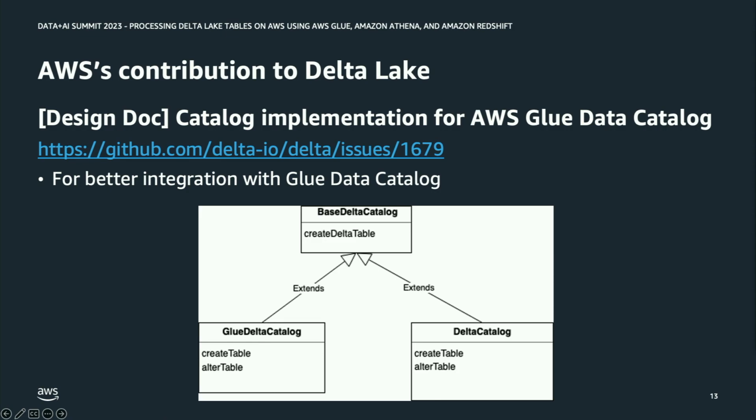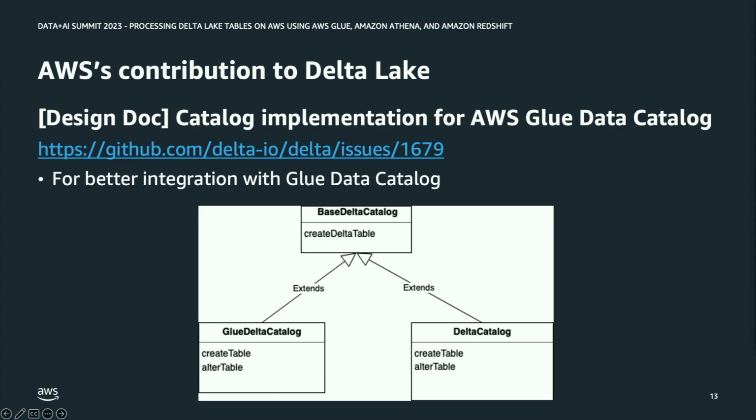For more details, you can check the GitHub issue 1679. And we will provide a more detailed design doc in the near future. Maybe you can search for Glue Data Catalog and Delta Lake on GitHub.